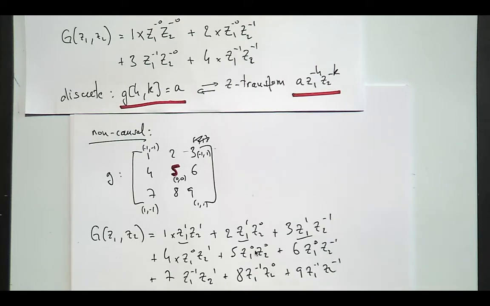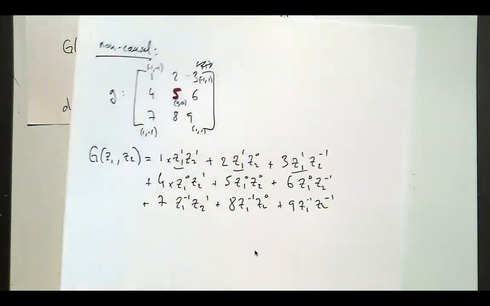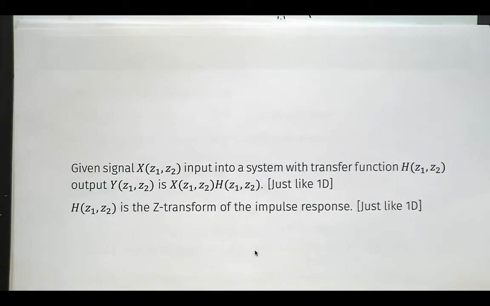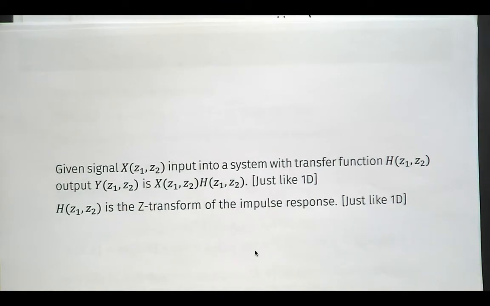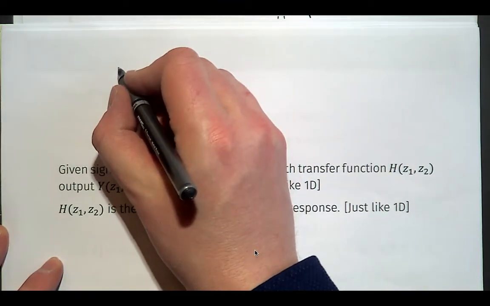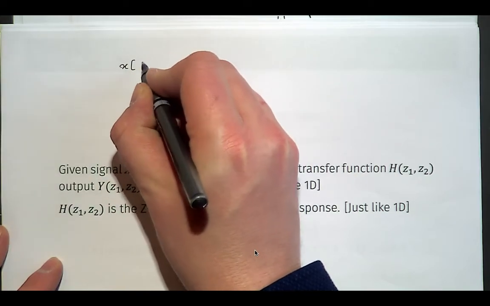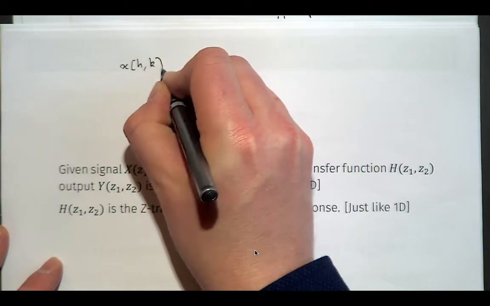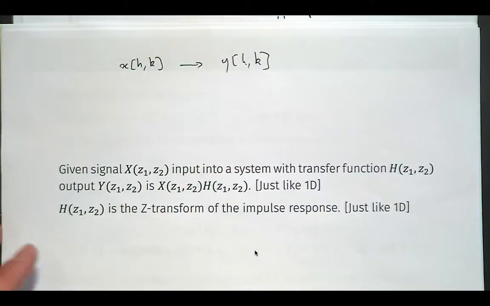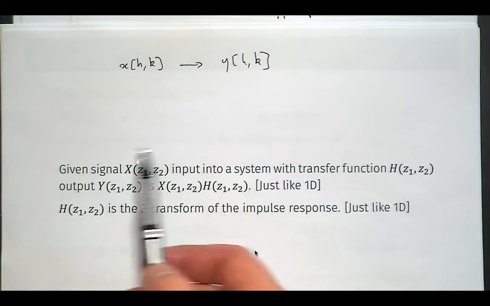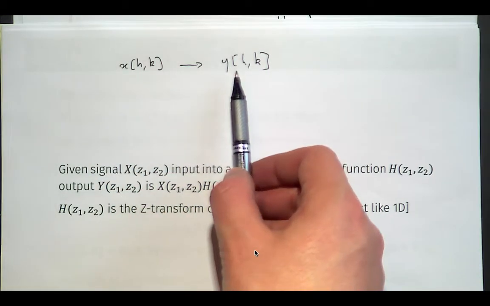All right, so why do we do that? Well, we do this transform mainly because of the convolution and to see how to study the linear systems. So the main thing is, if you have your system that goes from x of hk to y of hk, so you have a linear system that will have that as an input and that is your output.